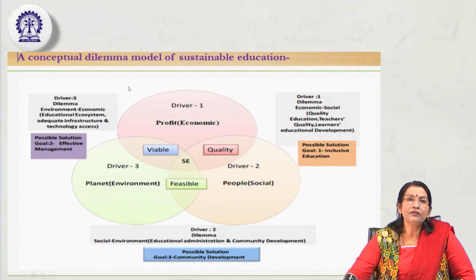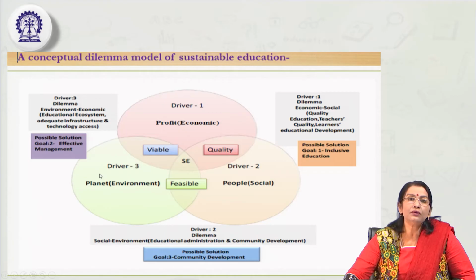Similarly, when driver 1 and 3 interact, there may be dilemmas like funding for resources, for the infrastructure and the technology. These kinds of issues can come up also. How do we sort it out and resolve it? The solution is goal 2, that is effective management.